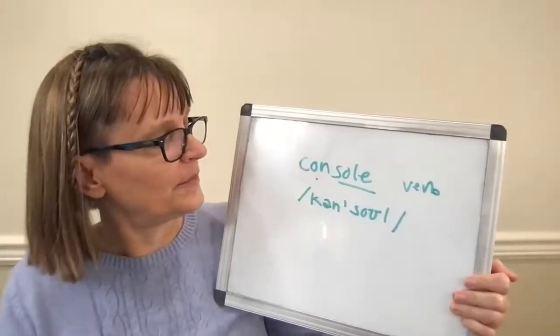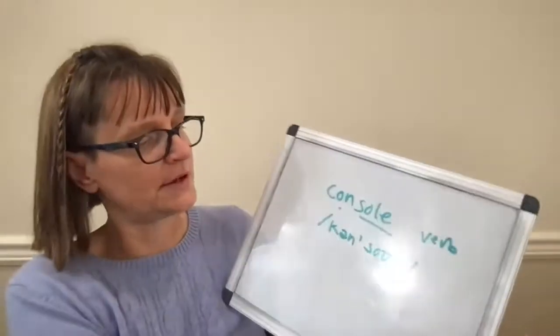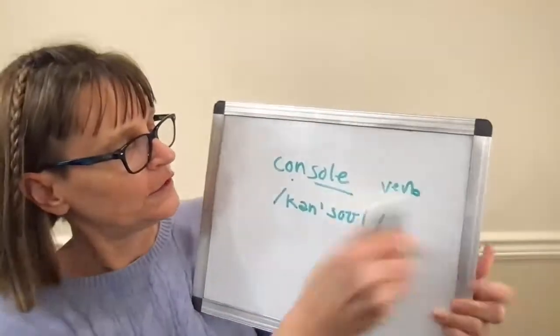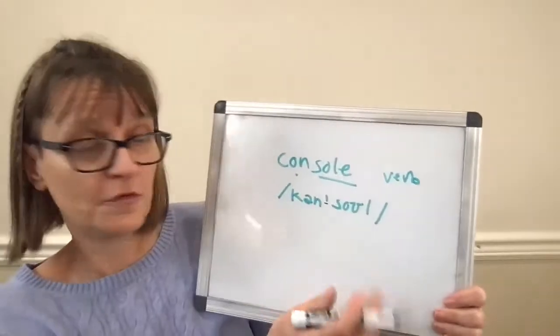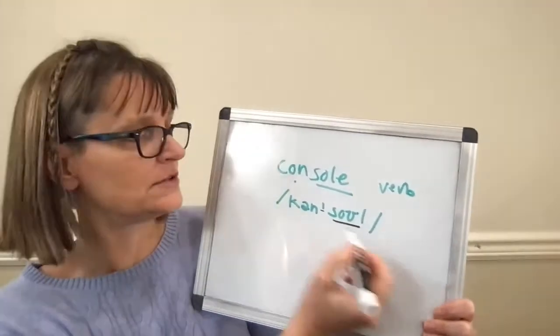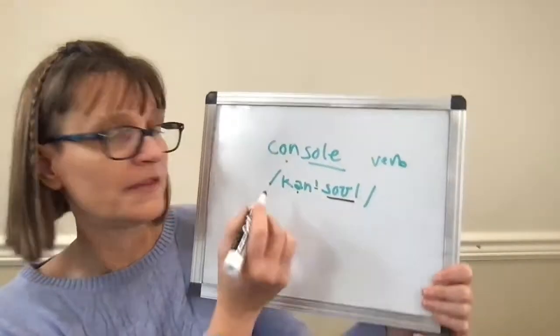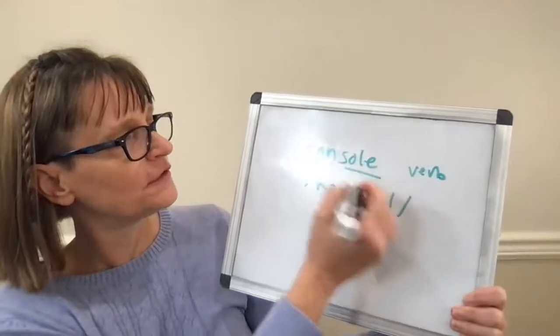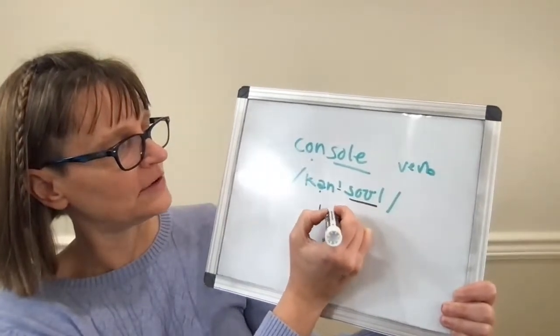For example, look for this marker. There's a line before the stressed syllable. Soul has the clear vowel, console. And then look for our schwa, the upside down E, that tells you that that one's short and has the schwa sound.